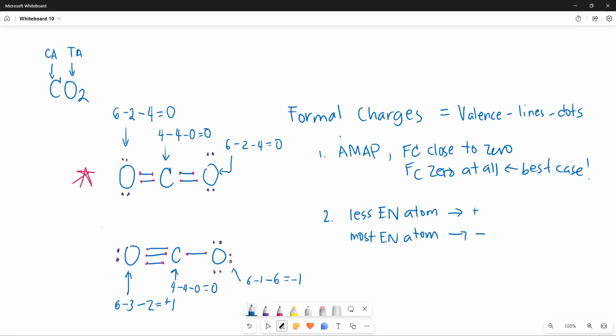So meaning, if you have the most electronegative atom becoming positive in formal charge, that's a bad sign. Because remember, electronegative atoms really want electrons. So by giving them a positive charge, they will really get unstable, diba?